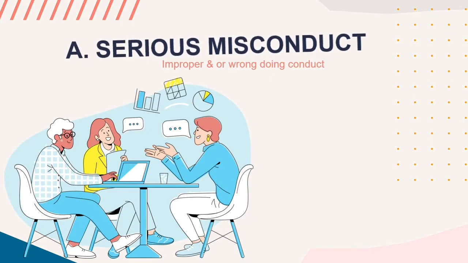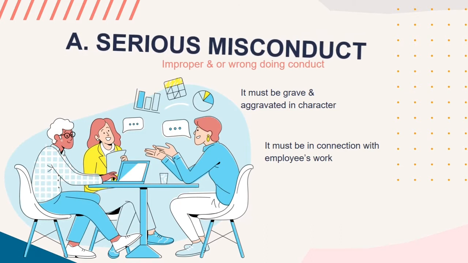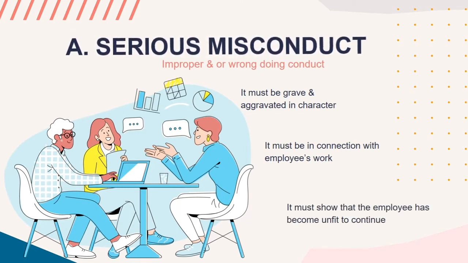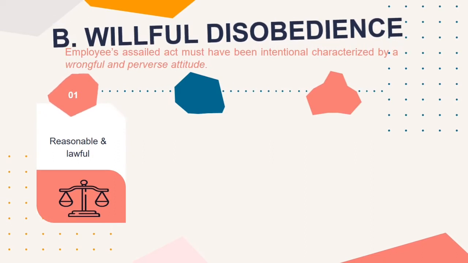So it must be grave and aggravated in character and not merely trivial or unimportant. It must be in connection with his work, and it must show that the employee has become unfit to continue working for the employer.